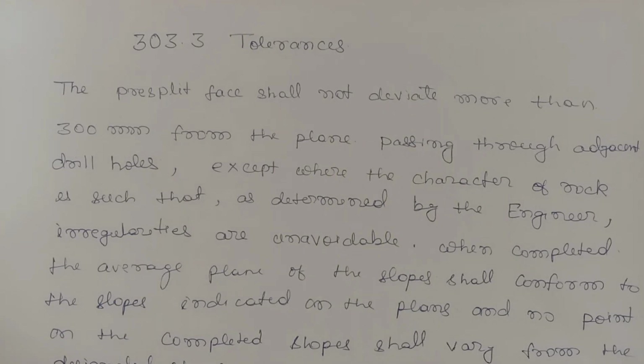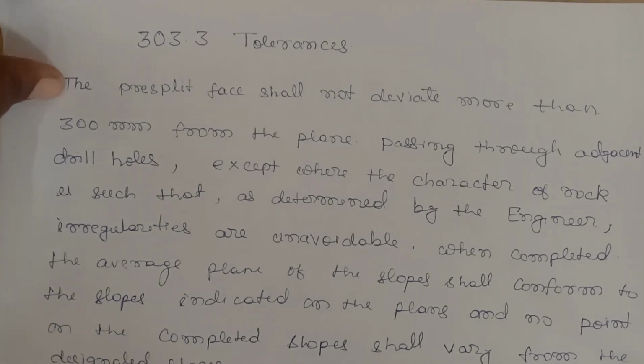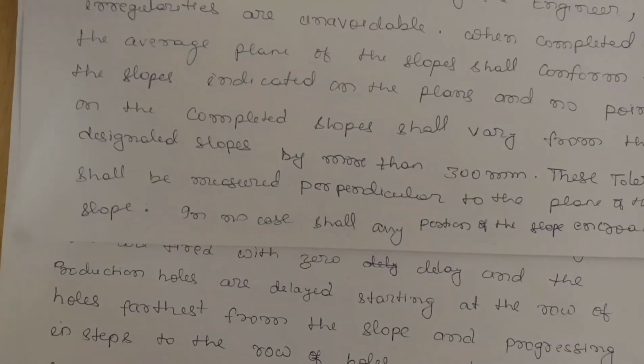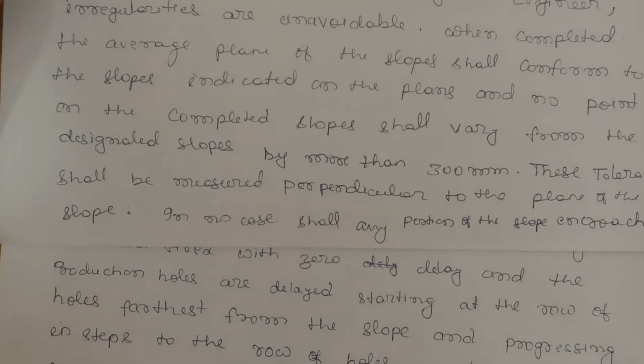The average plane of the slope shall conform to the slope indicated on the plans, and no point on the completed slope shall vary from the designated slope by more than 300 mm. These tolerances shall be measured perpendicular to the plane of the slope.